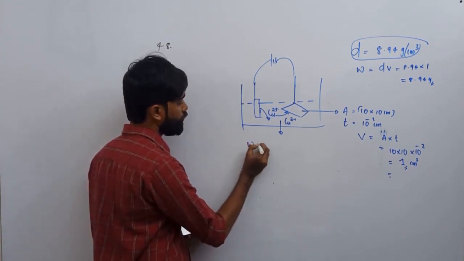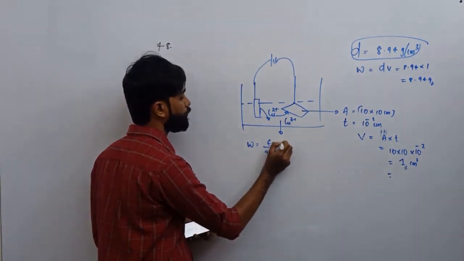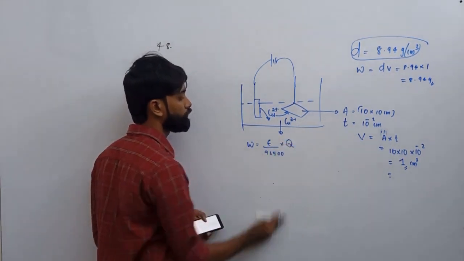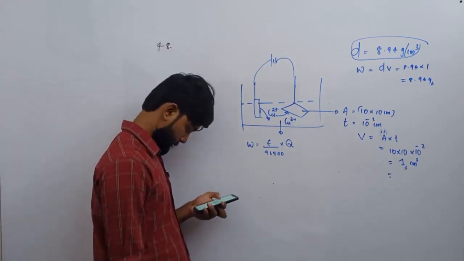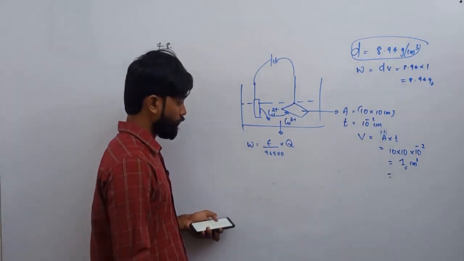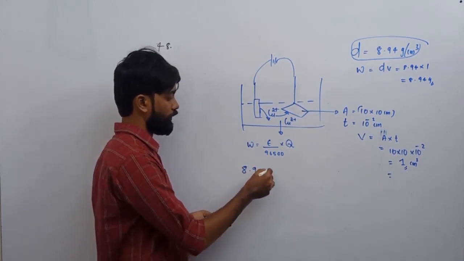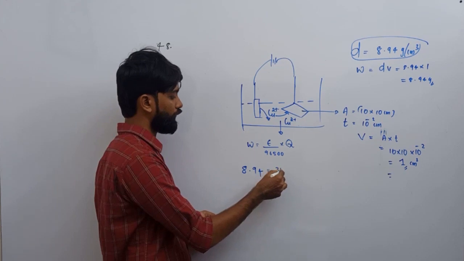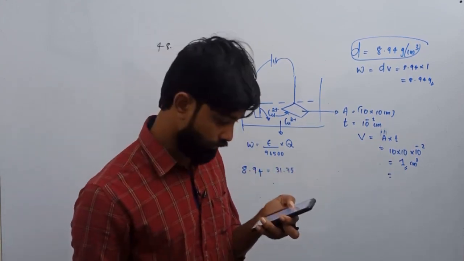So we know that W is equal to equivalent mass divided by 96500 into Q. So the W here is 8.94. Equivalent mass is 31.75, that is 63.5 divided by 2 in the case of copper.